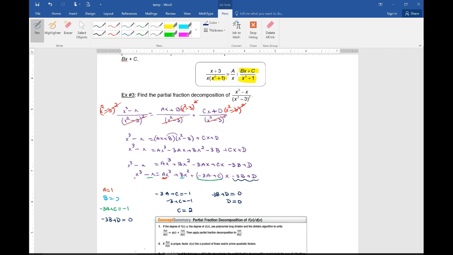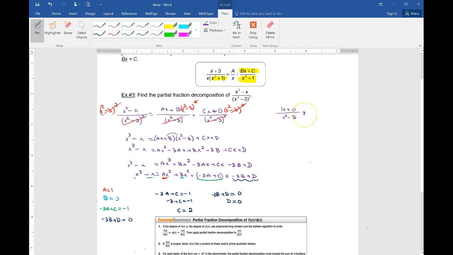All right, going back to my original fraction, I have here ax plus b, right? Okay, so ax plus b, my a is 1, so 1x plus 0, b is 0, over x squared minus 3. You totally can. I'm just doing one extra step so people see what I'm doing, okay?